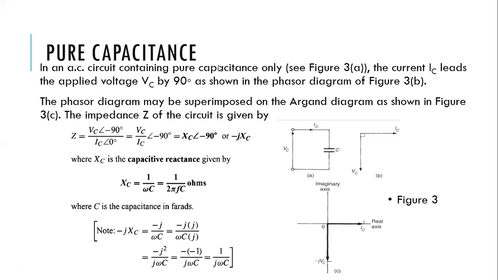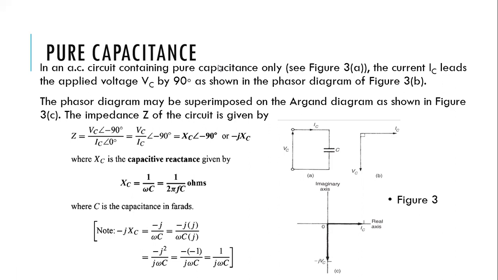So let's see purely capacitive circuits. In an AC circuit containing pure capacitance only, the current IC leads the applied voltage by 90 degrees, as shown in the phasor diagram of figure 3B. The phasor diagram may be superimposed on the Argand diagram as shown in figure 3C.